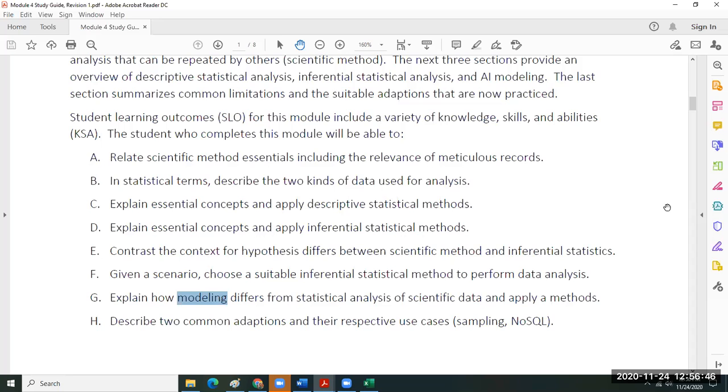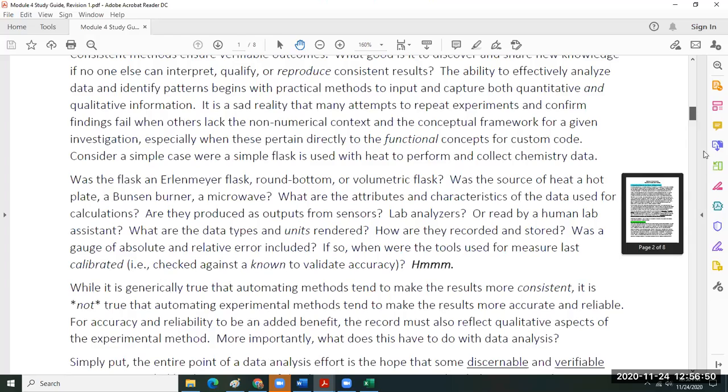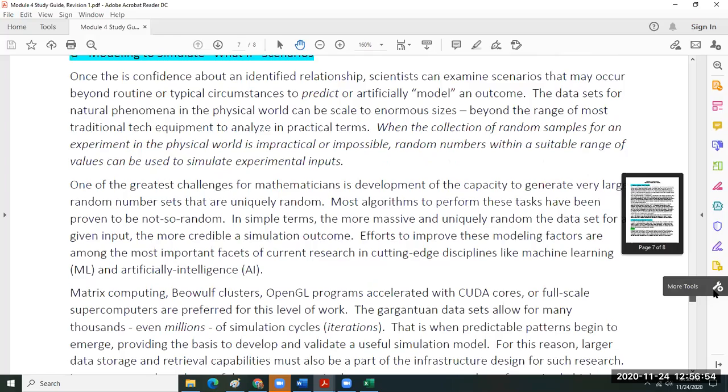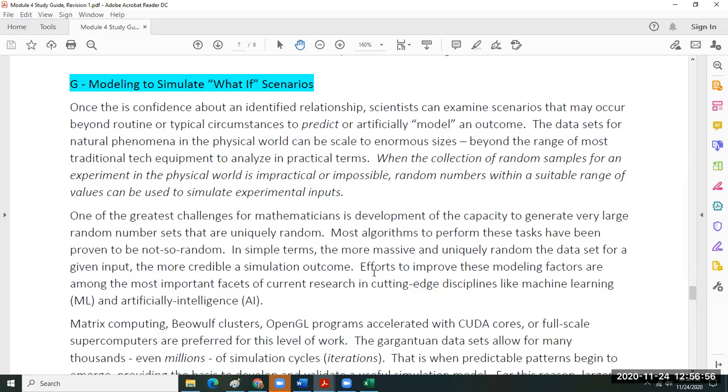And that's a layman's description of it. But basically the last two sections here of our study guide, it's about what if scenarios.